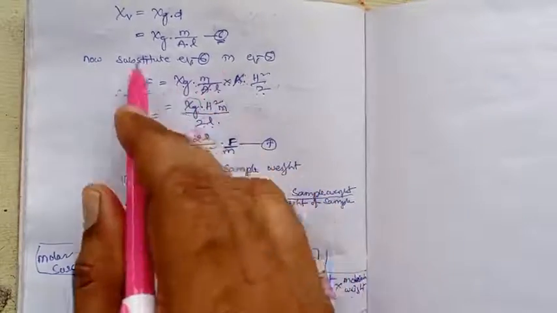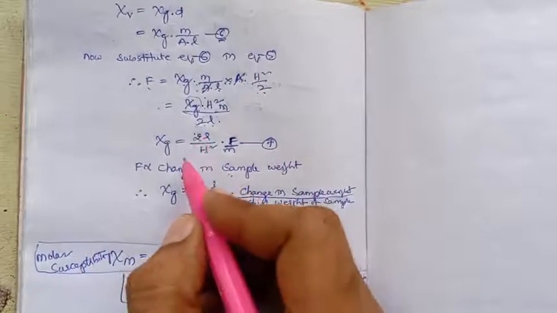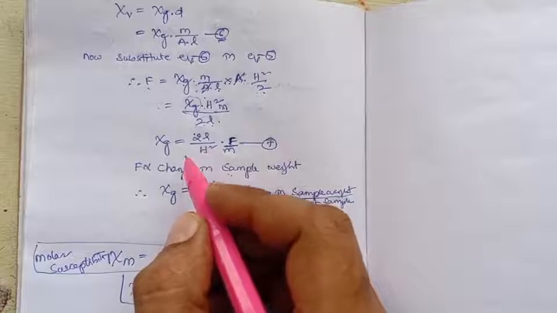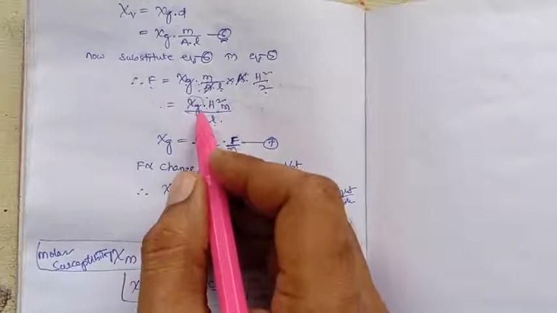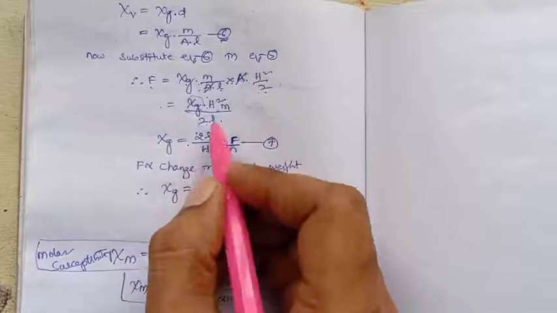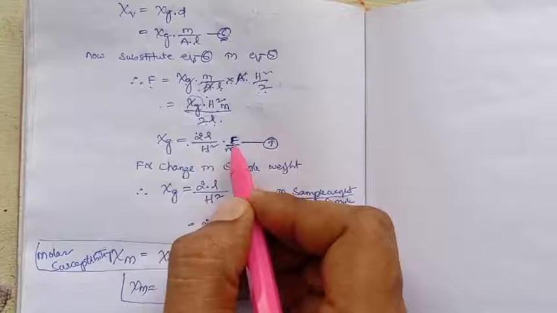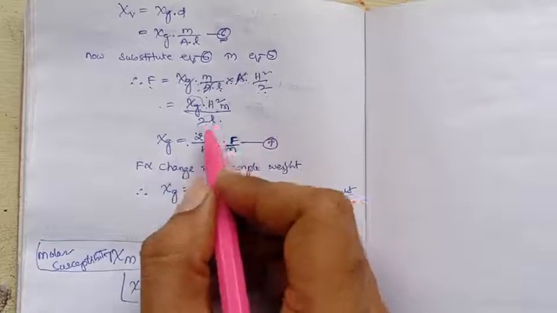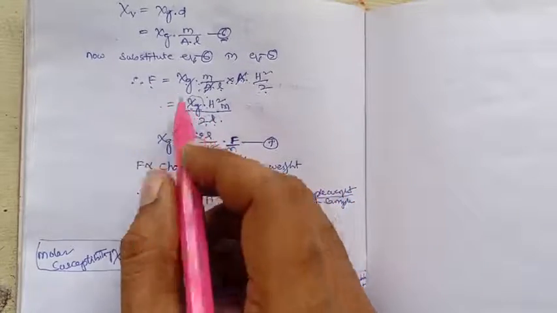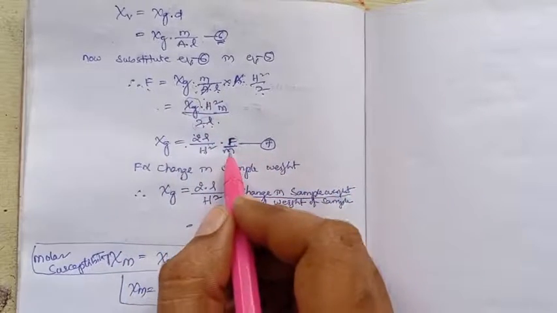This whole experiment aims to calculate the susceptibility. So now, getting the terms in gram susceptibility, the gram susceptibility is equal to 2l into F divided by h square m.